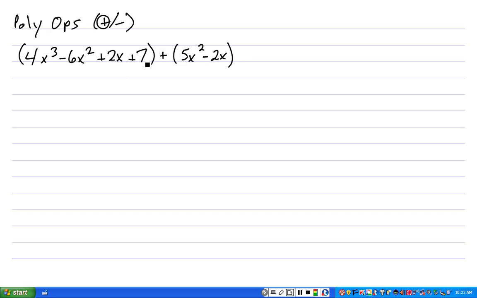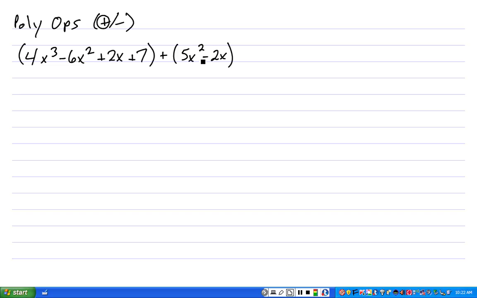So based on what's being asked, which in this case is subtraction and addition signs in here, we cannot combine any of these terms because they're not alike. Looking at the second set of parentheses, the same case holds true. The terms inside of the parentheses are not alike, so they cannot be combined.